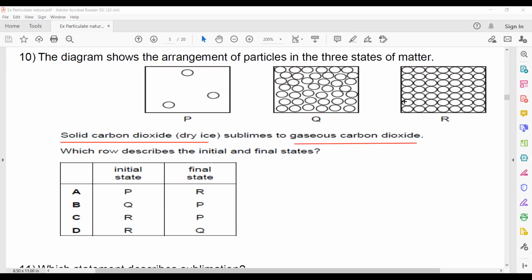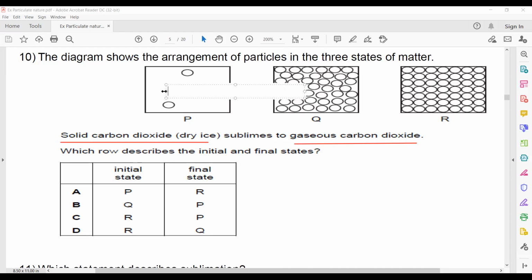Initially we have solid and finally we have gas. Carbon dioxide is converting from solid to gas.